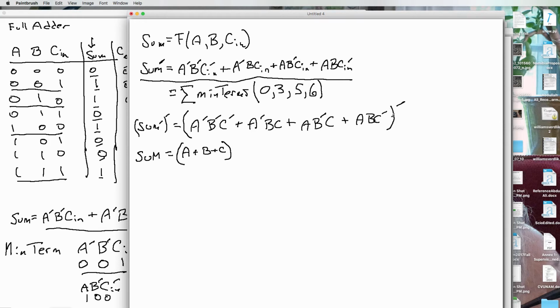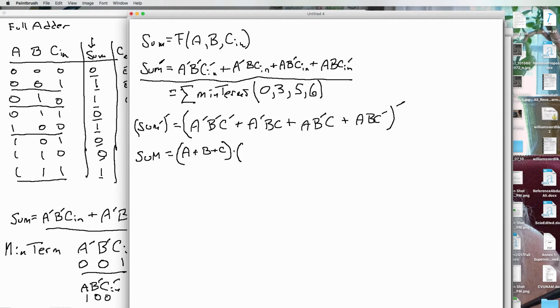Okay, does everyone understand what's going on here? Notice what I did is I applied this not over each one of the individual terms. Well, not A gives me A, not B gives me B, not C gives me C, and the ands became ors. Okay, now this is going to become an and, so I'm just going to put a dot there for emphasis, and I come over here. And now I have to do the same thing again.